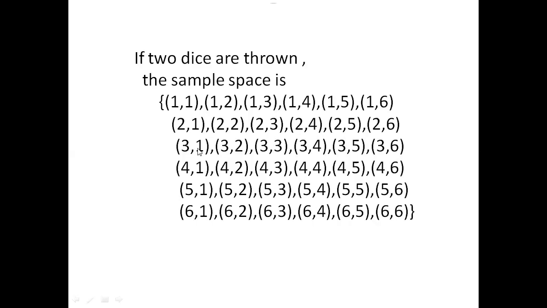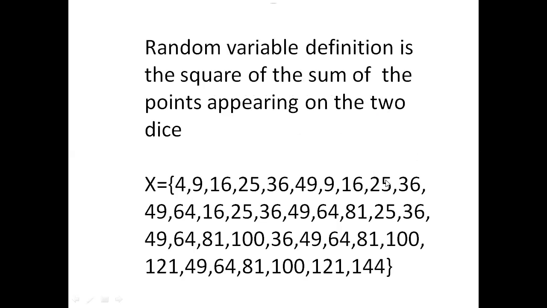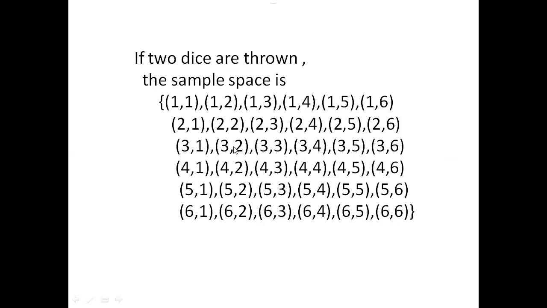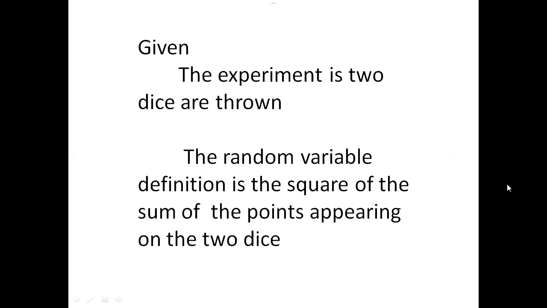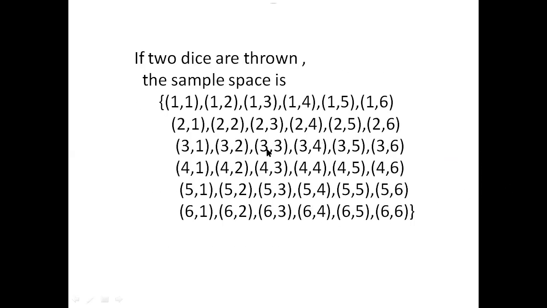Next outcome is 3, 1. What is the sum? 4. Square of 4, 16. 3, 2. What is the sum? 5. Square of 5, 25. 3, 3. The sum is 6.